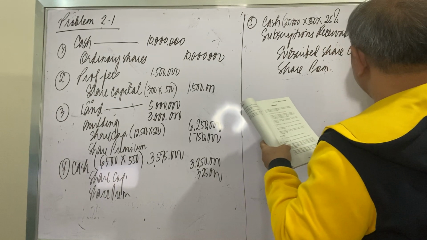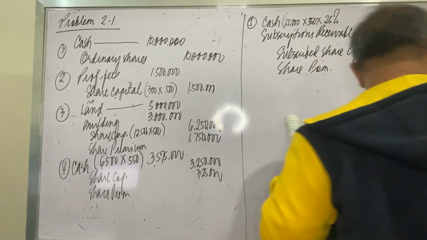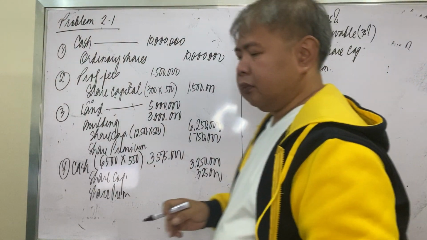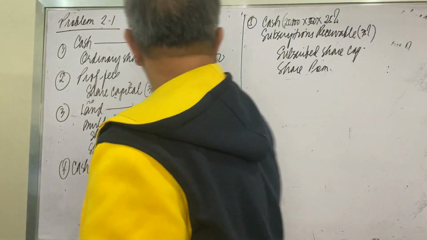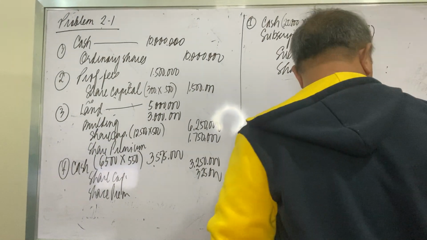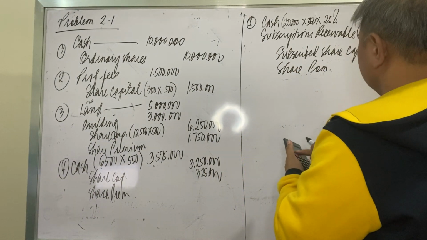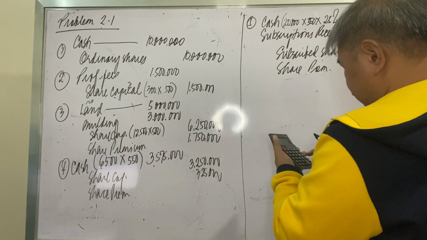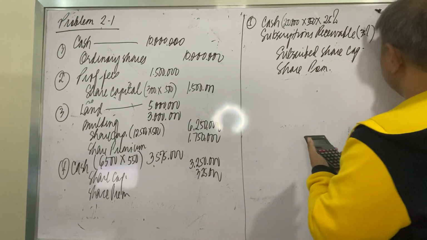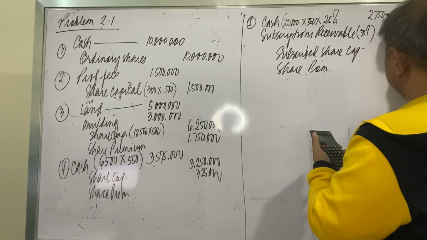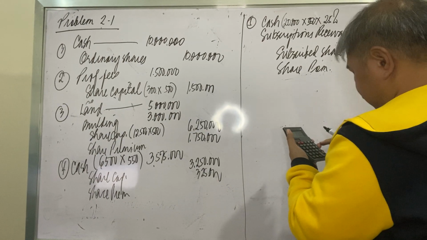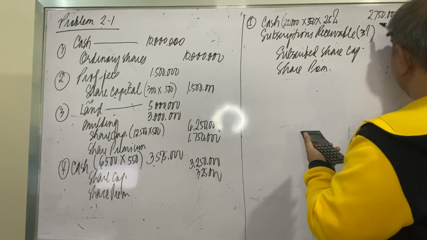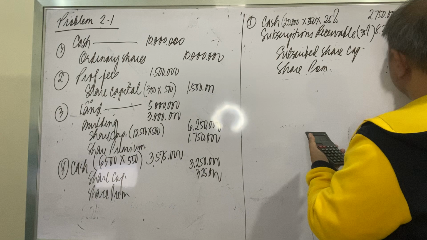And this one is the 75%. So this is 2,750,000. $8,220,000.